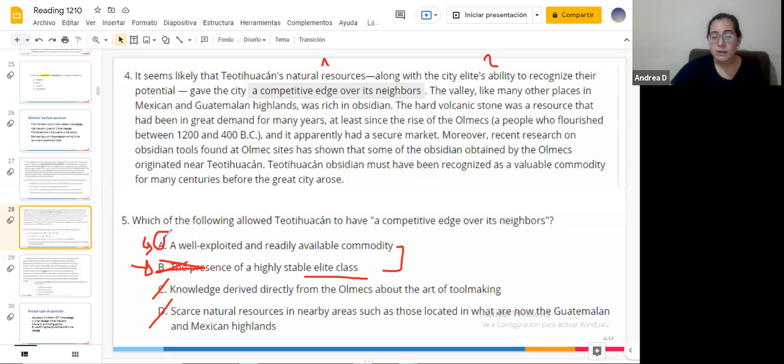Now, if you want to go farther and understand why, just try to think of what this means, right? So what would you guys say a readily available commodity means? What does that mean? Readily available commodity.